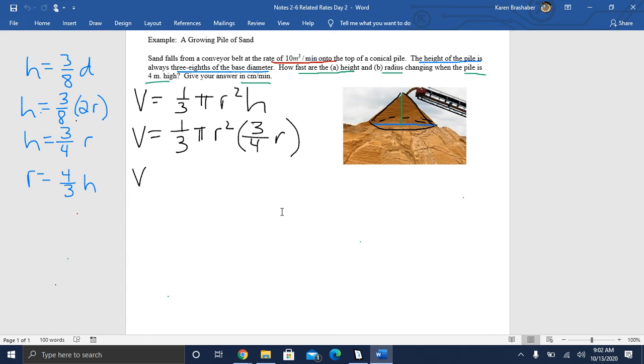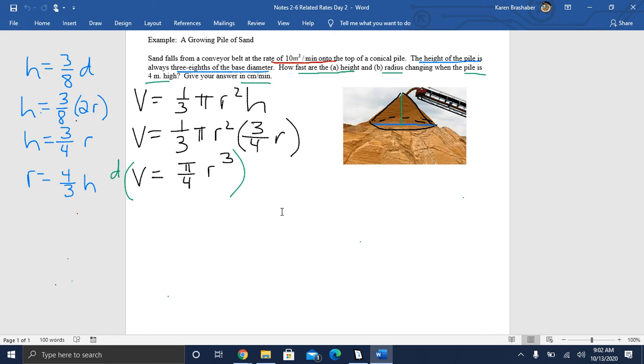So we can simplify. Your 3's will cancel, and so we'll have pi over 4, and then the r's would add exponents. Volume equals pi over 4 r to the third. All right, so this is what we'll be doing our derivative of.